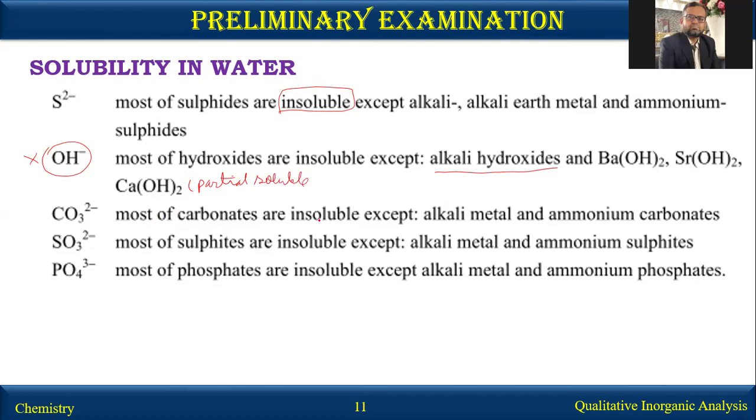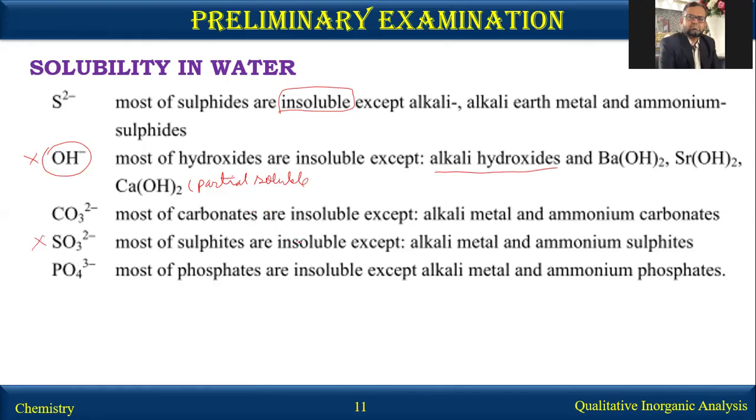Carbonate. Most of the carbonates are insoluble except the alkali metal and ammonium carbonates. All the alkali metal carbonates, for example, sodium carbonate, potassium carbonate, and ammonium carbonate, are water soluble. Otherwise, all the carbonates are insoluble. Sulfite is not part of our syllabus in most of the colleges.